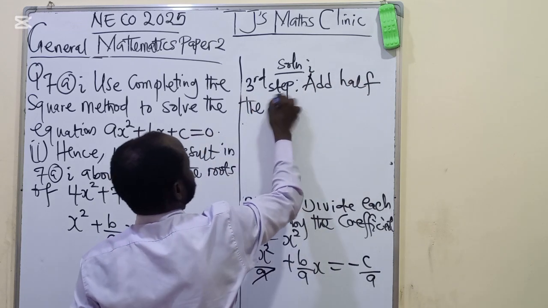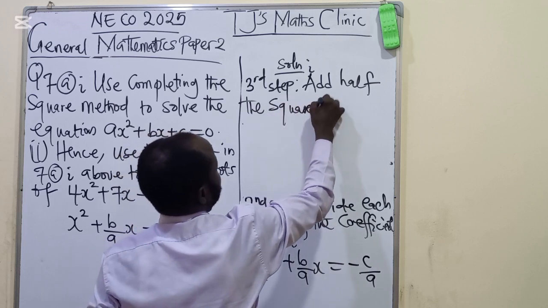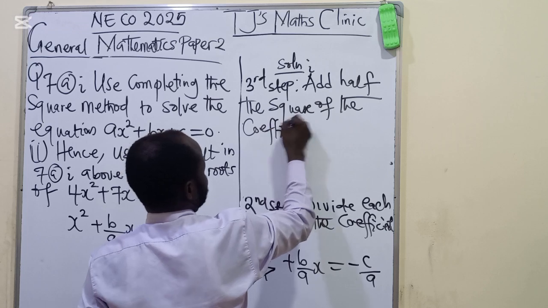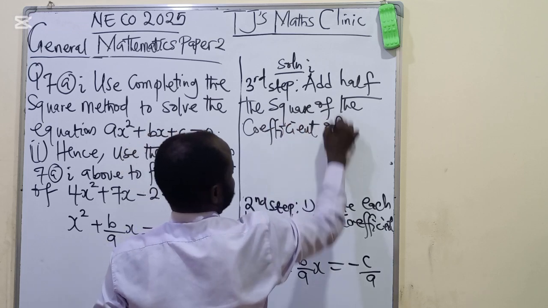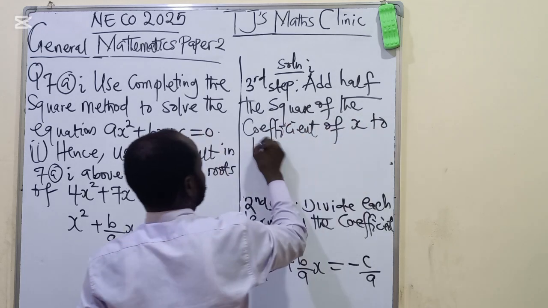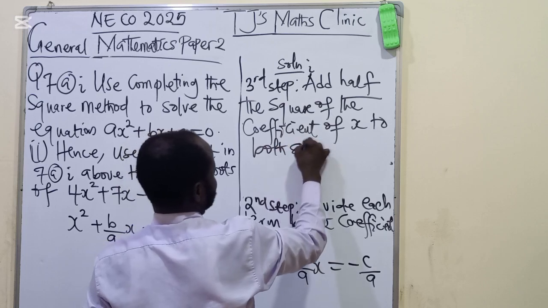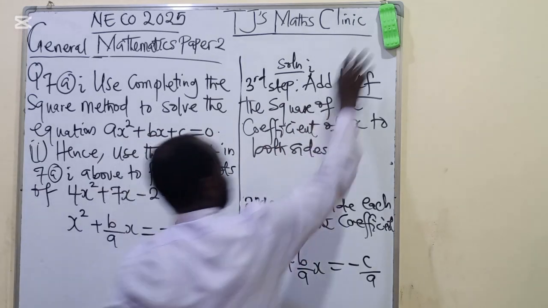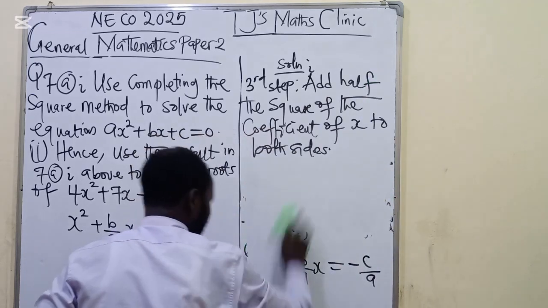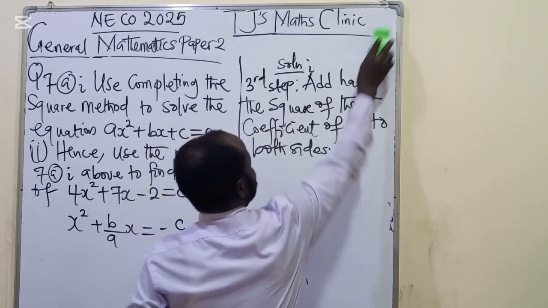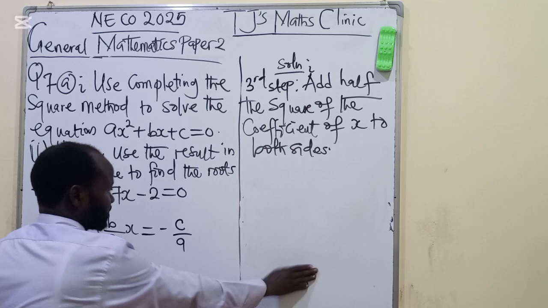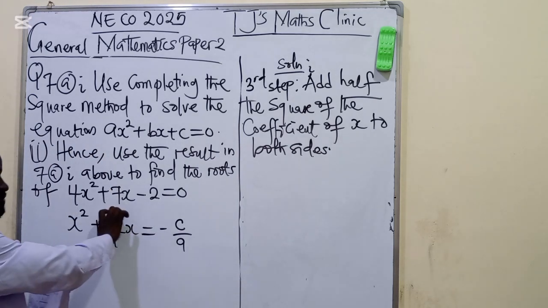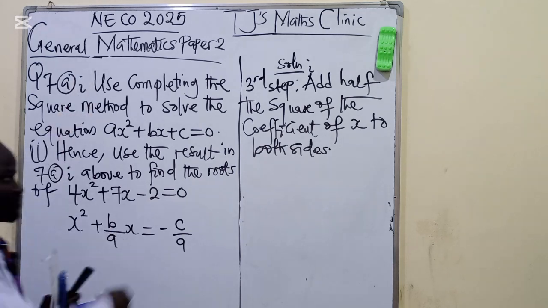What does it mean? This is step 3. Very important. Permit me to clean step 2 as well, because we are through with that. Add half. It means we go and check the coefficient of x, which is b divided by a. Find half of it and square it, add it to both sides.